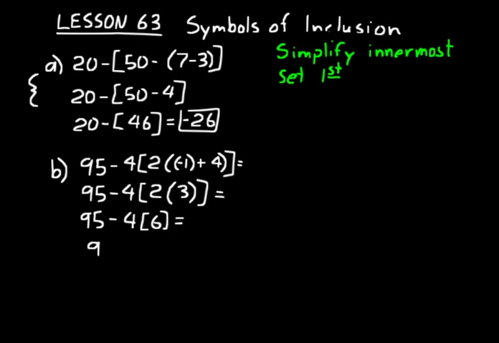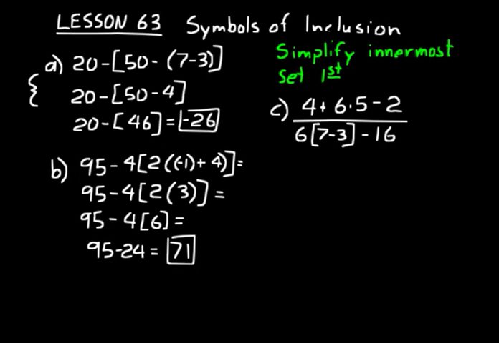Now we just have 95 minus 24, and that would give us a 71. And there's our answer. It took us 4 lines to do that problem, but that's okay. The goal in doing math is not to see how little paper you can use. The goal is to see how perfect you can be. At least that's one of the goals of doing mathematics.